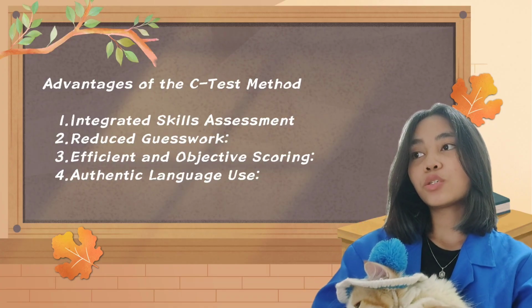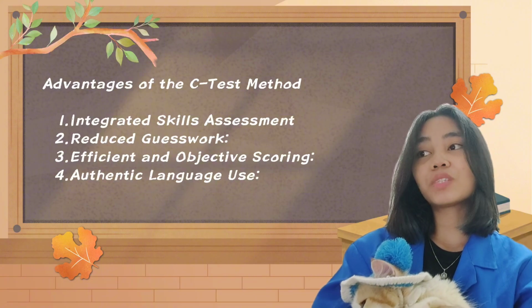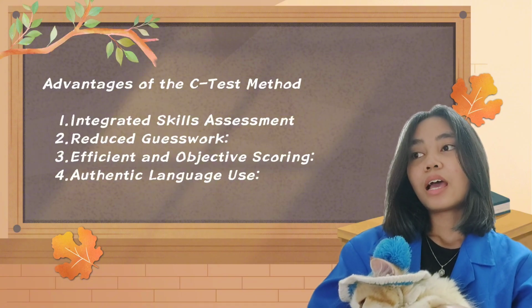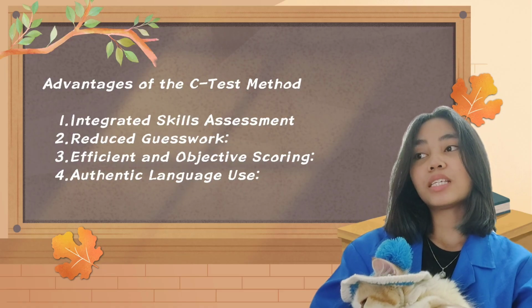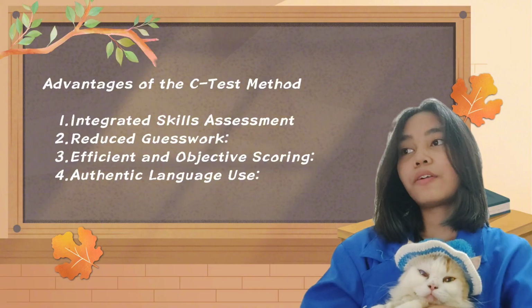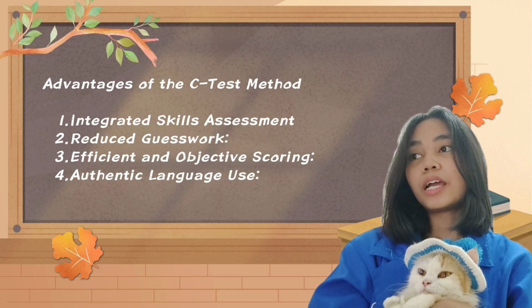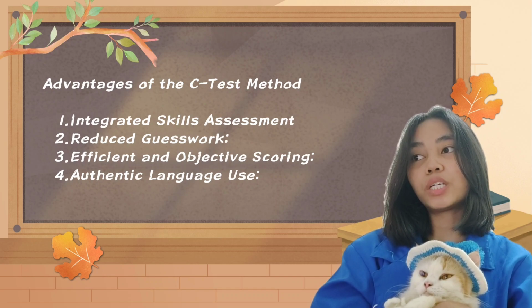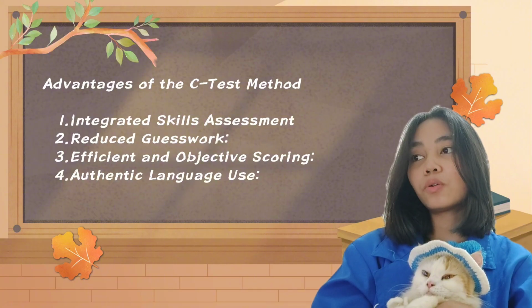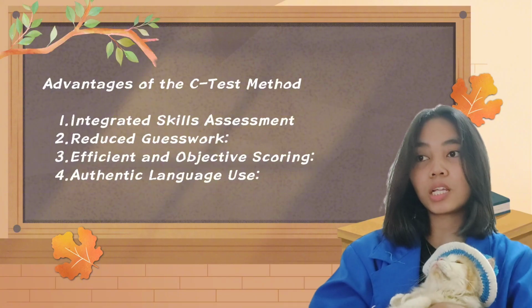Compared to a closed test where entire words are removed, C-tests are less susceptible to random guessing, as the context and partial word structure guide the answer. Number 3, efficient and objective scoring. C-tests are easy to administer and score, supporting consistent evaluation across students. Number 4, authentic language use. The texts mirror real-life reading situations, encouraging students to draw on their broader language knowledge and reading strategies.